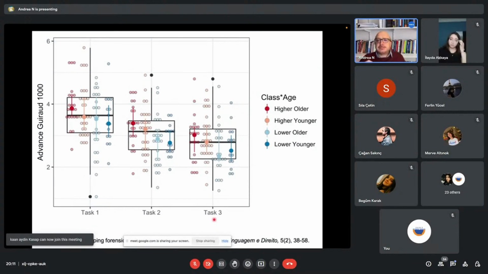What is being measured in this text is a measure called Advanced Guiraud 1000, which is a measure of lexical complexity, or actually sophistication. So how much the vocabulary is beyond the most common 1000 words.